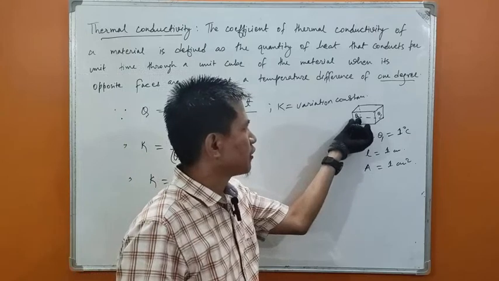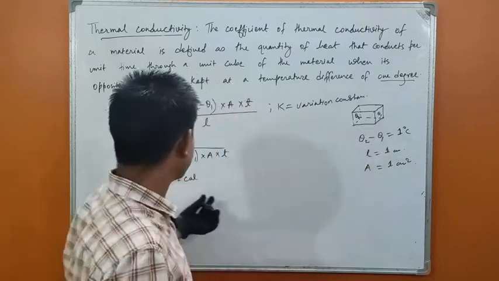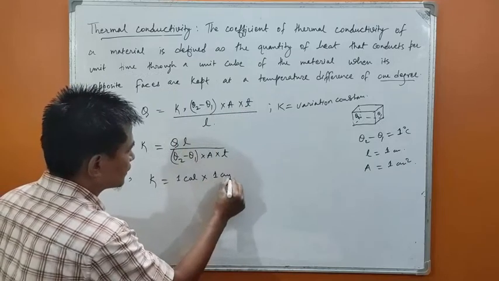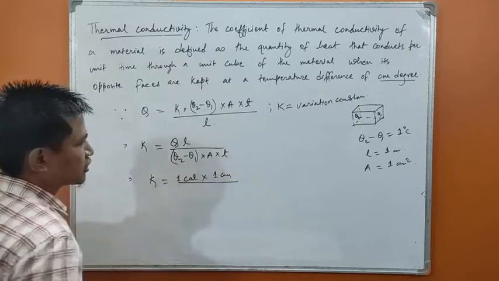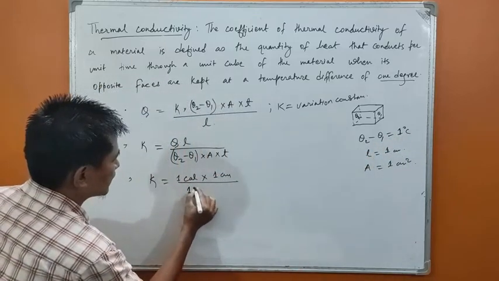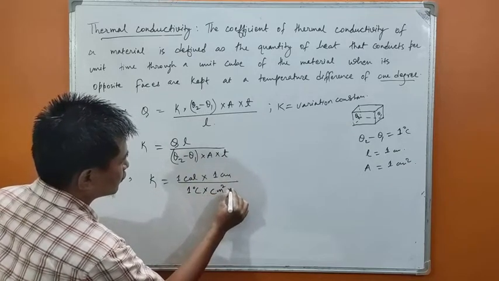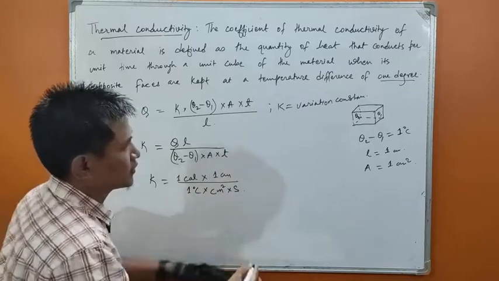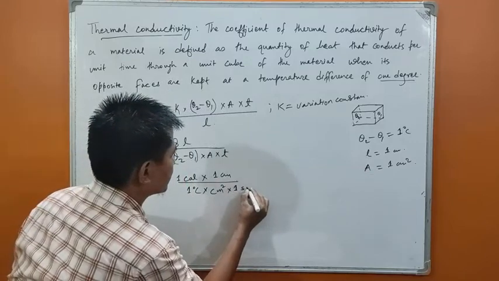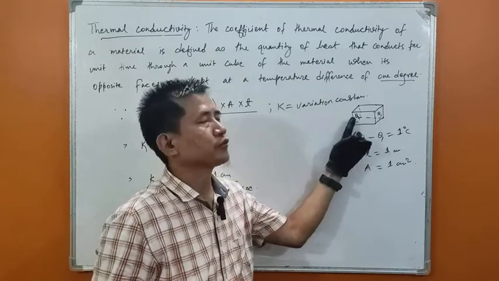Suppose the amount of heat flowing from the hotter surface theta 2 to the colder surface theta 1 is 1 calorie, into length of the conductor 1 centimeter, divided by temperature difference 1 degree Celsius into cross sectional area centimeter square into time 1 second, if the heat is allowed to flow for 1 second.